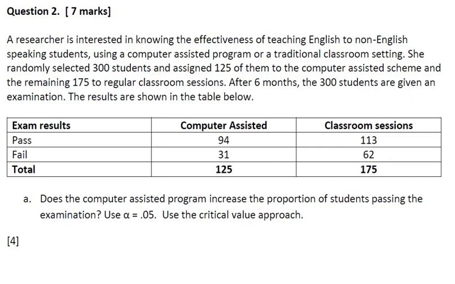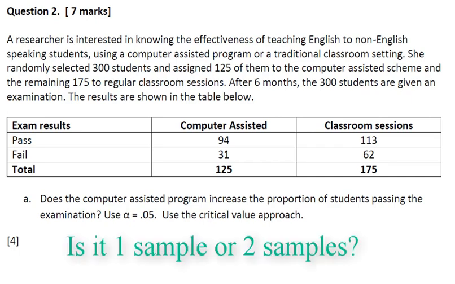Is it 2 samples or 1 sample? Is it 1 proportion or 2 proportions? Because the formula is going to be different depending on whether we're dealing with 1 sample or 2 samples. We're dealing with 2 proportions or 2 samples. Why? Look at the table. We have 2 groups.